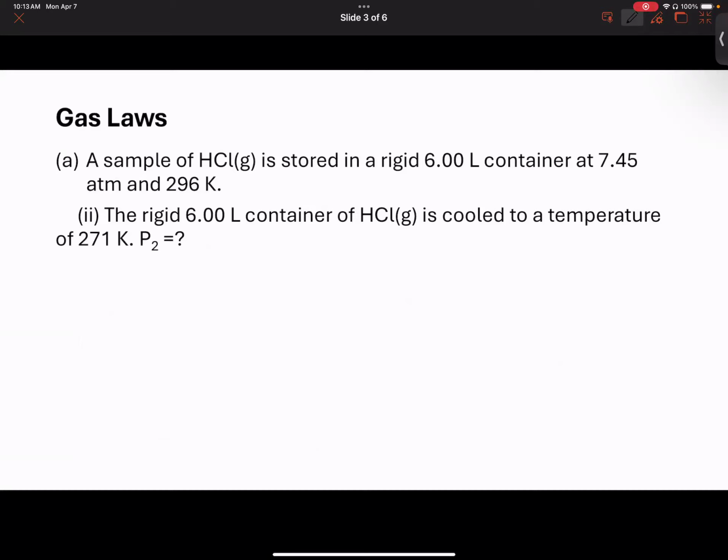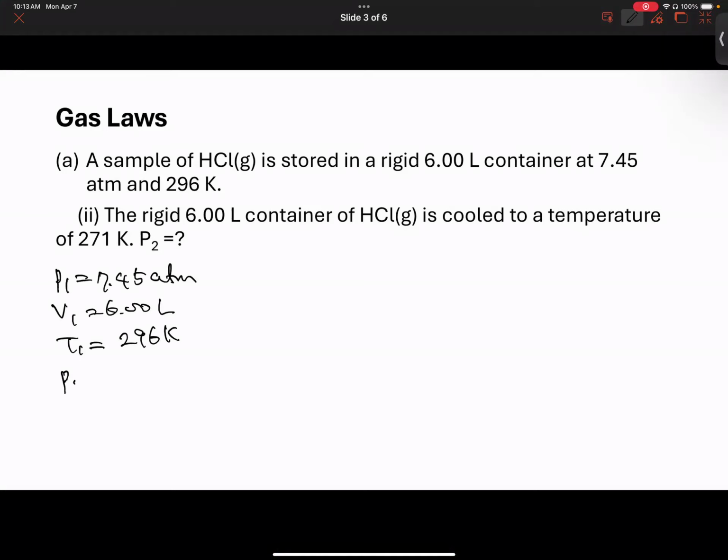Now let's move up to another problem. Now the rigid 6-liter container of hydrogen chloride gas is cooled to a temperature of 271 Kelvin. What would be the pressure? Here, let's write the conditions. Initially, the pressure was 7.45 atm, and volume was 6 liters. Temperature was 296 Kelvin.